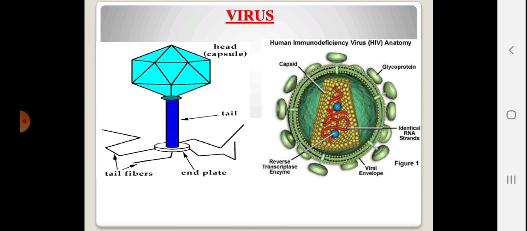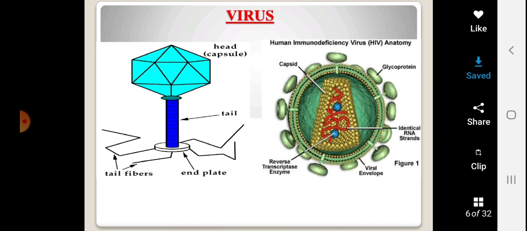Now this image is of the human immunodeficiency virus, that is HIV, which is quite deadly. And remember, even after so many years since the HIV virus was identified, there is no vaccine found or prepared for this virus. Now you can see this virus is covered with the capsid structure or the protein structure.